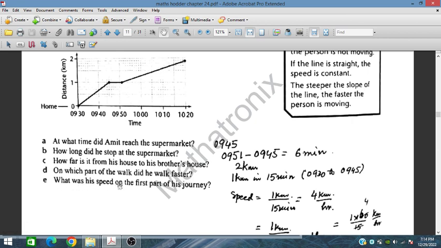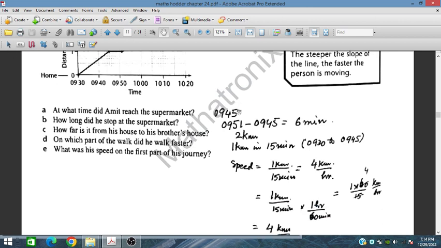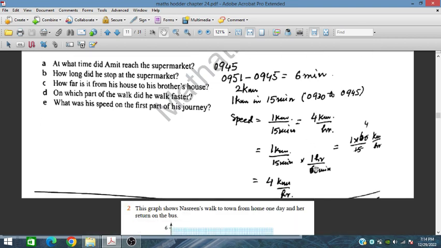What was his speed on the first part of his journey? His speed was 1 kilometer in 15 minutes. So 15 minutes can be converted into hours: 15 minutes out of 1 hour, which is 60 minutes.